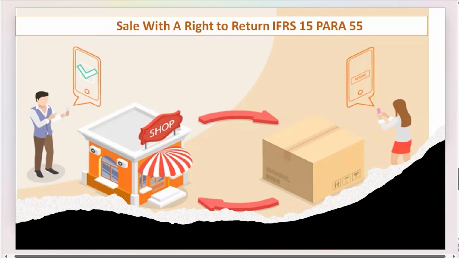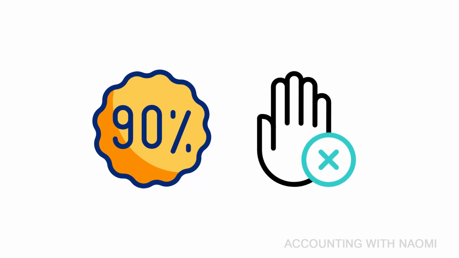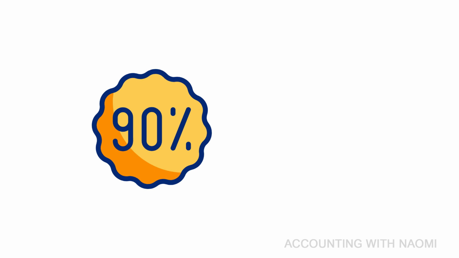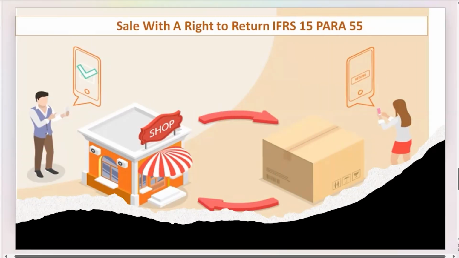However, there's another solution. If we are able to come up with an estimate, to say, from past experience, maybe 90% will not return the product, we can then rely on the 90% and recognize revenue now with the 90%. And then only the 10% will have to go into an account called a refund liability.